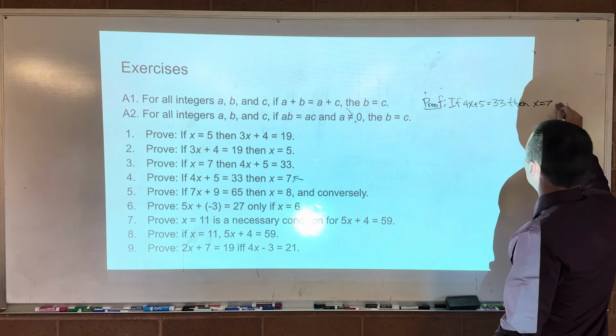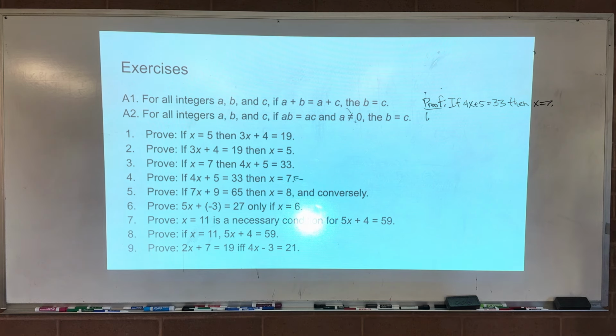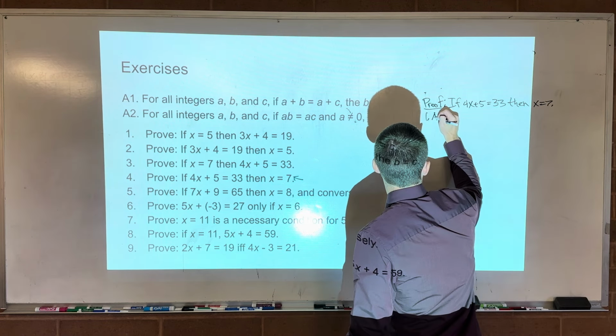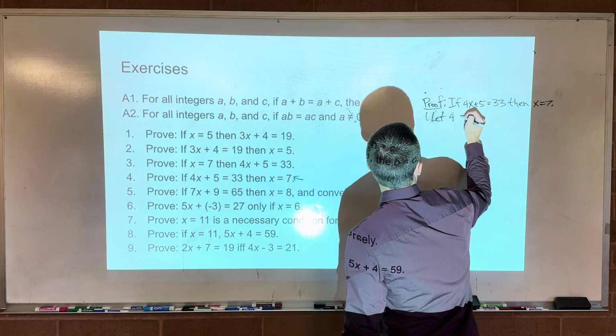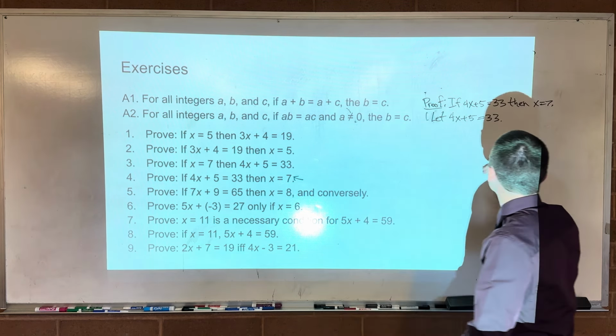All right, how are we going to prove that? We're proving an implication. How do you prove an implication? Assume the antecedent and show that it implies the conclusion. So assume, or we usually say let, 4x plus 5 equal 33.